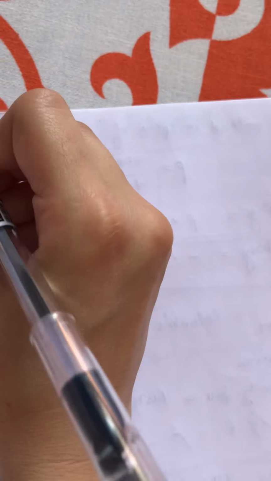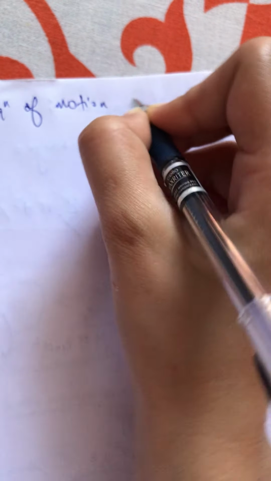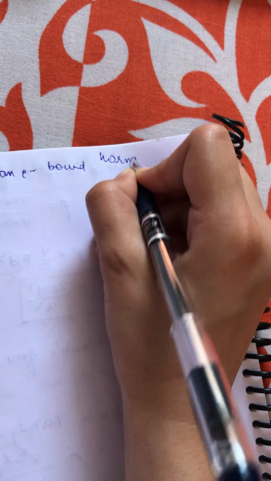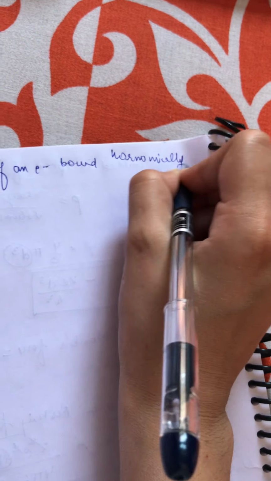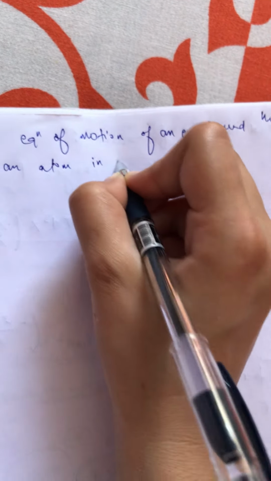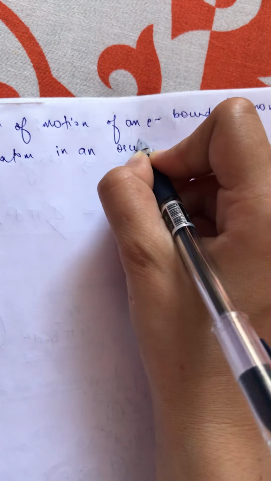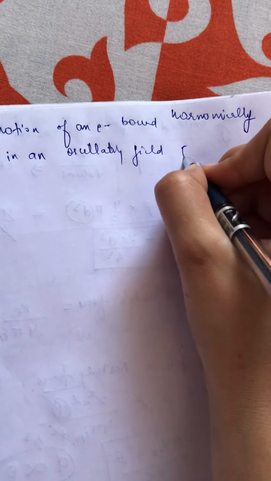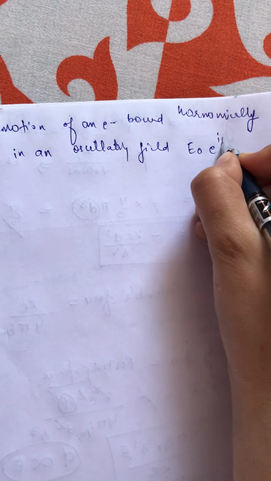Now we will find out the equation of motion of an electron bound harmonically to an atom in an oscillating field, which is E naught e to the power iota omega t.